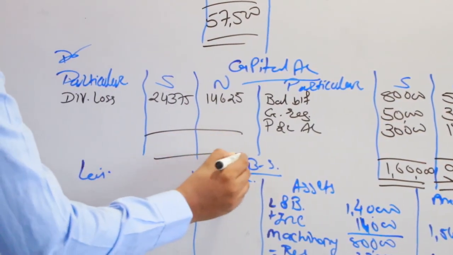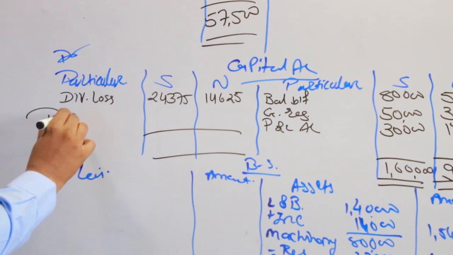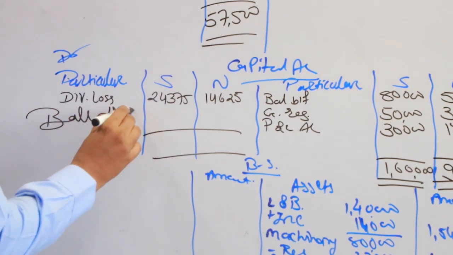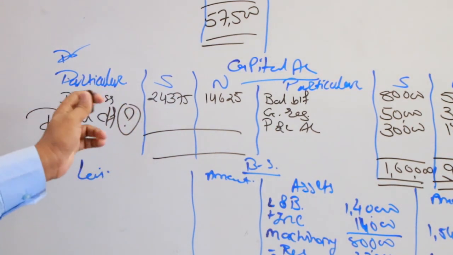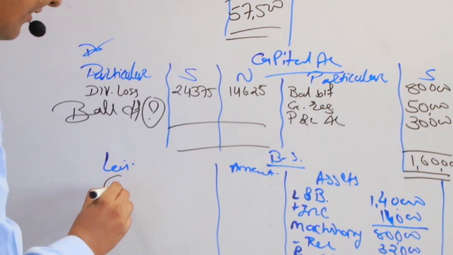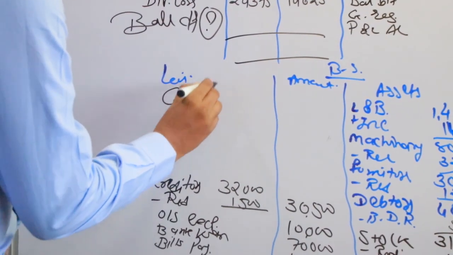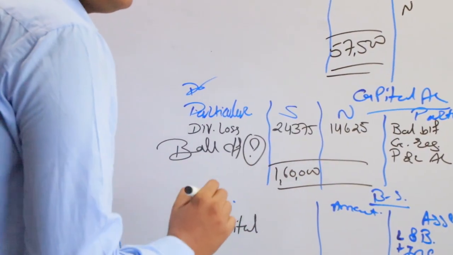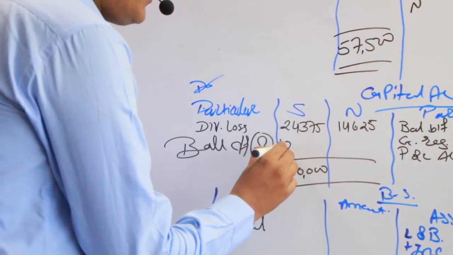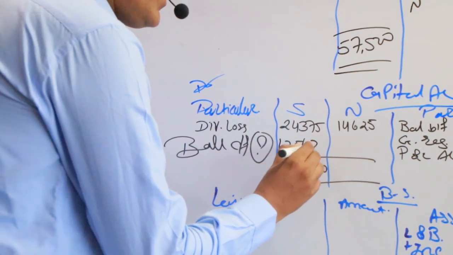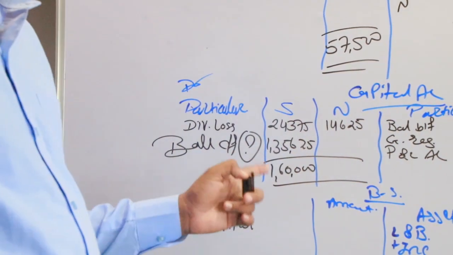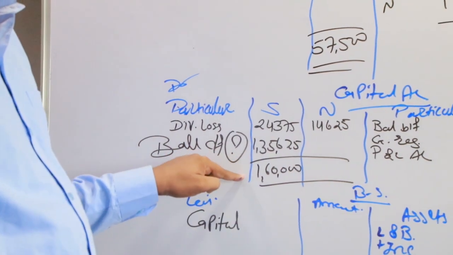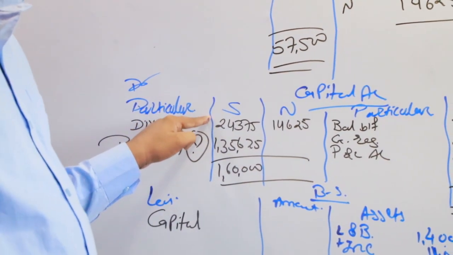Now here we are going to find out balance carried forward. That means closing capital, which we are going to record in the balance sheet. Total of Sarjan is 1,60,000. So here 1,35,625 for Sarjan. How does it come? 160 minus 24,375.